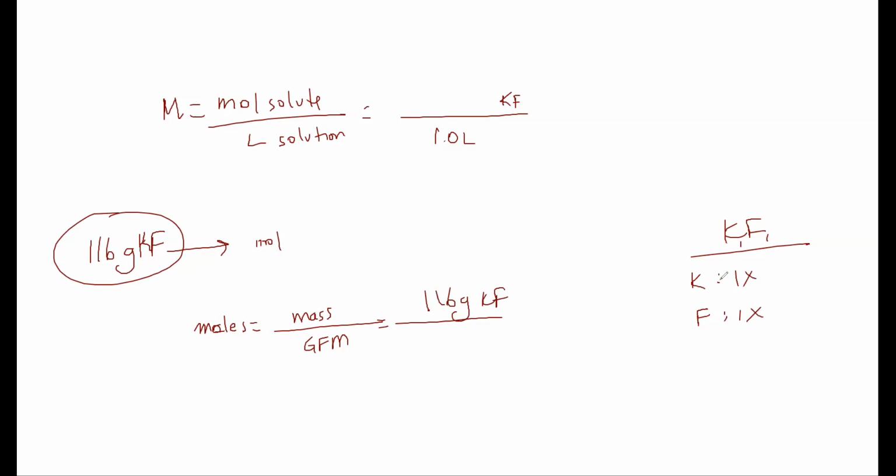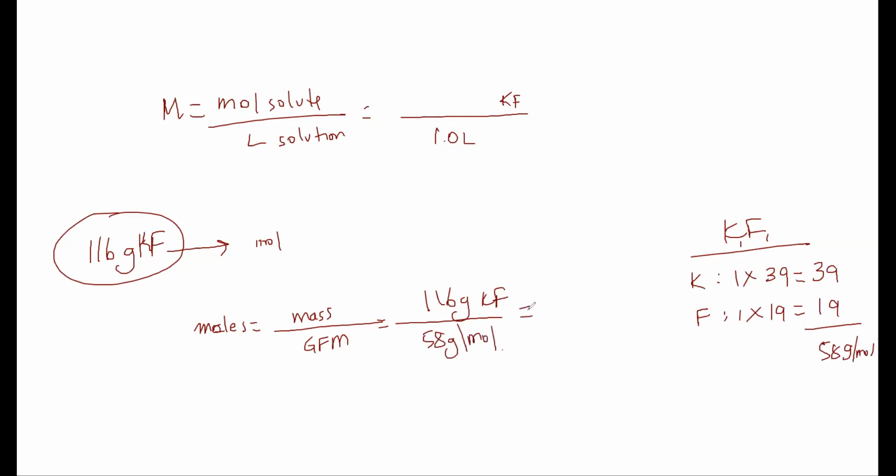If we go on our periodic table, we're going to see that the mass of K is 39 and the mass of fluorine is 19. So 1 times 39 is 39, 1 times 19 is 19. The total is 58 grams per mole.